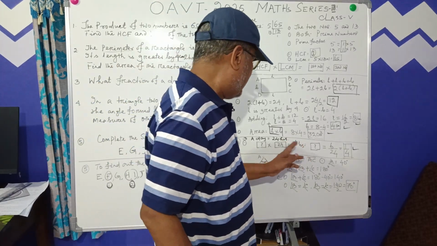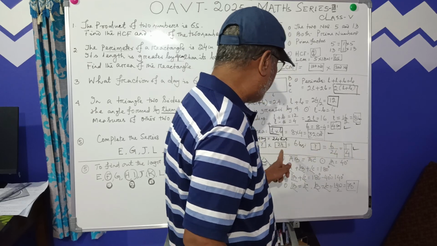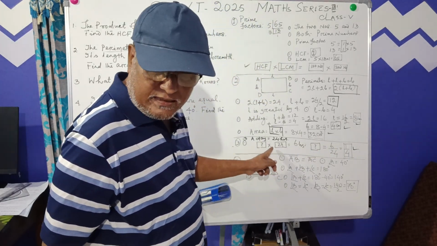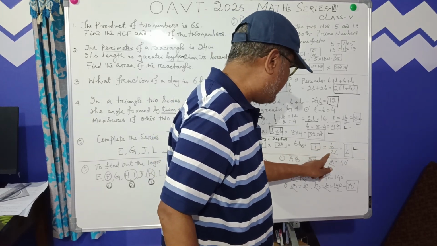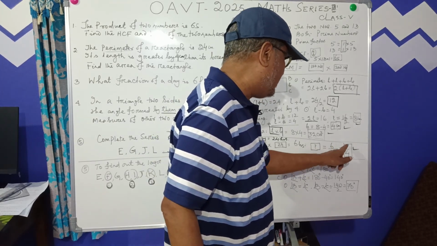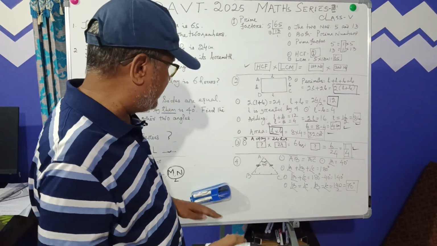So the fraction will be 6 by 24, because 24 is multiplied on this side, it is carried over to that side. 6 by 24 will be 1 by 4. So the fraction is 1 by 4.